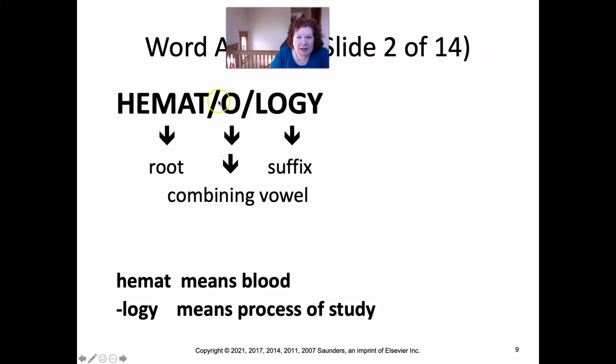The O is a combining vowel because it's going to connect a root with something, usually the suffix, or with another root sometimes. And then you've got your root. So your suffix means study of, process of study. Hemat means blood. So this is the process of studying blood, or the study of blood. Okay? That's how that works.